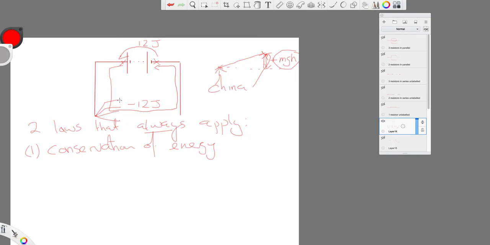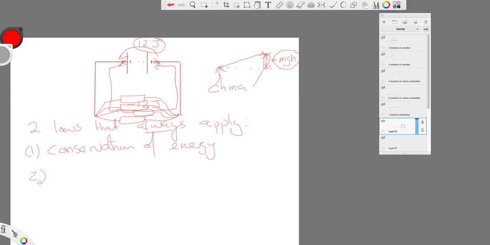If we had 4 different paths going from here to here, you would still drop your 12 joules for every Coulomb. That's a really important point. We'll come back and explore that a little later.